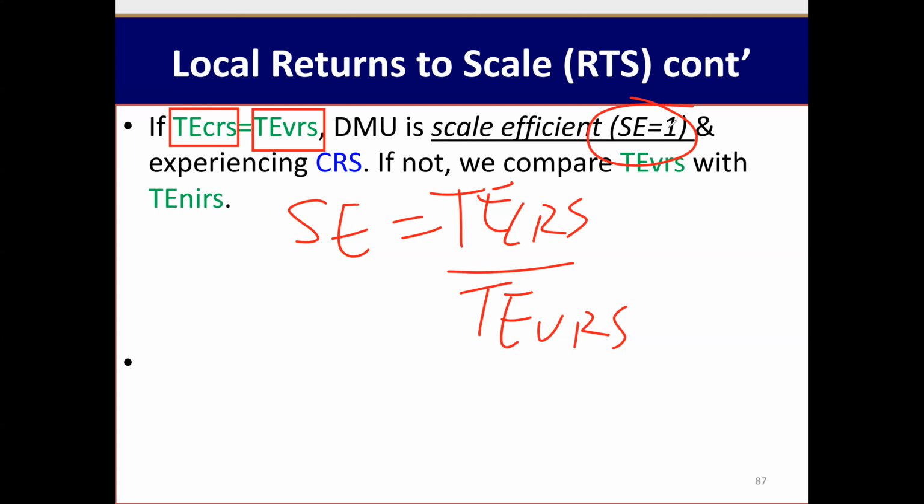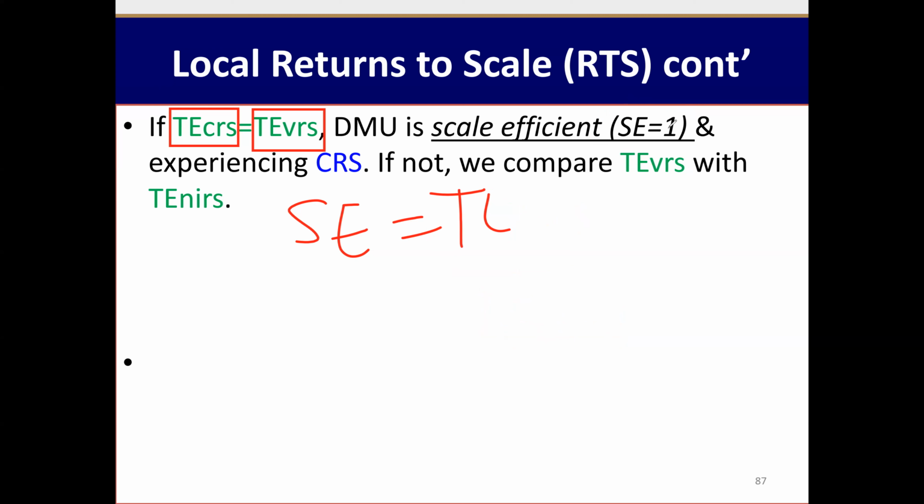Now, if a firm is scale efficient, it also means that that firm is exhibiting constant returns to scale. Okay. So you've estimated two DEA models here. The first one is under the CRS, the second one is under the VRS.